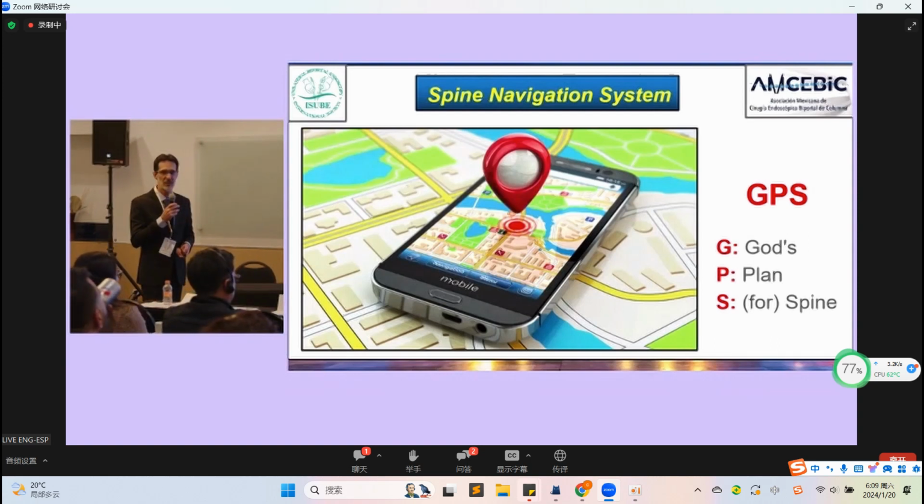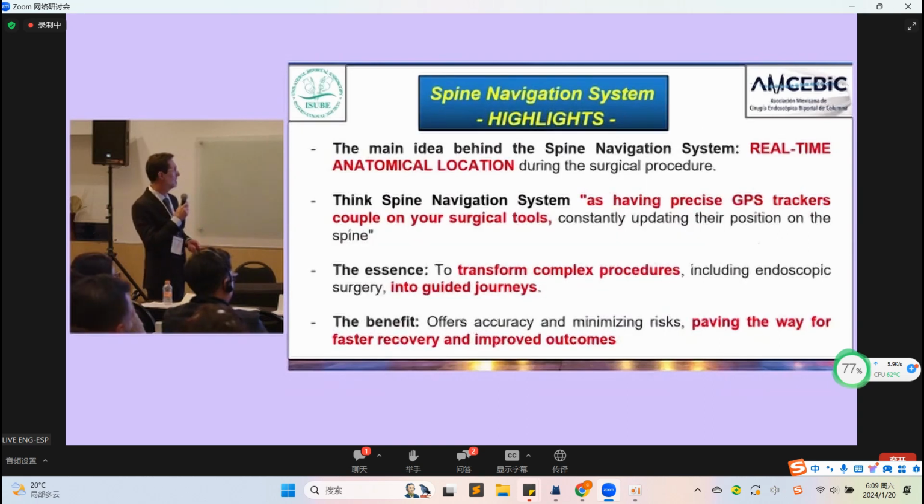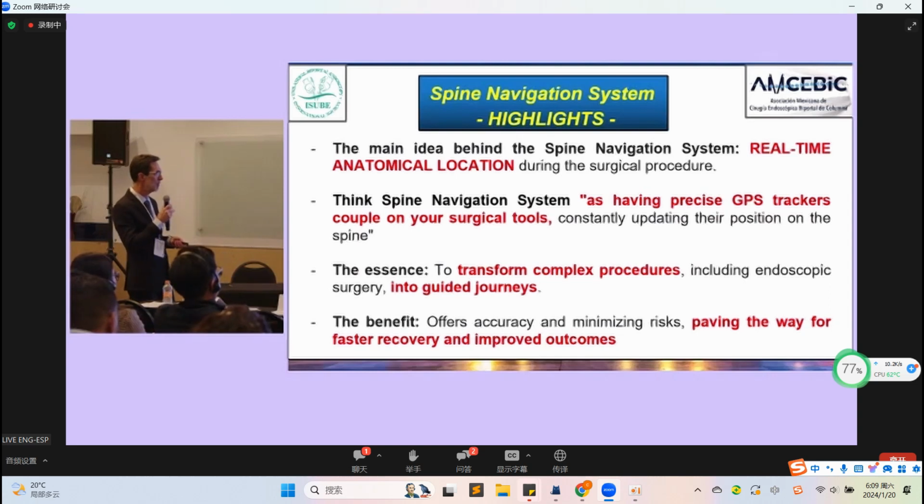Spine navigation, we need to think of it like a GPS. GPS is a God's plan for the spine, okay? And the main idea behind spine navigation is real-time anatomical location. We have GPS trackers coupled on surgical tools, and it's possible to constantly update the position during the surgery.